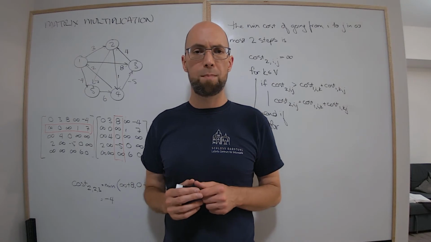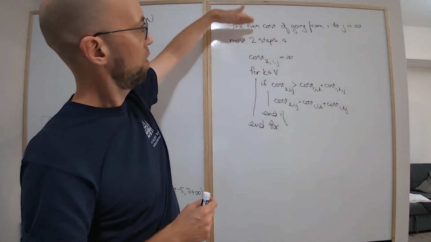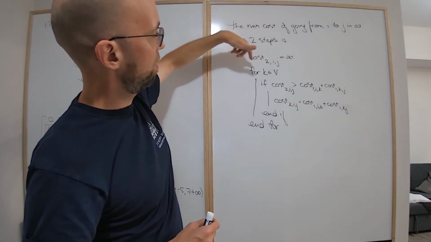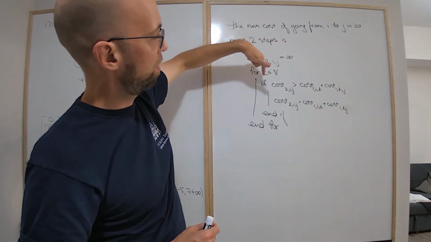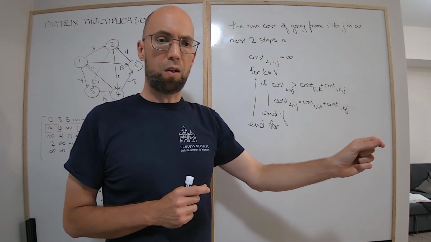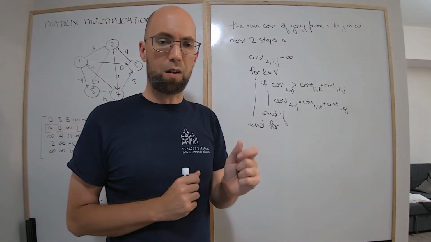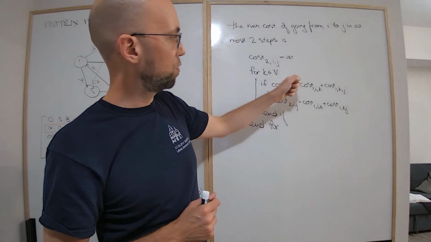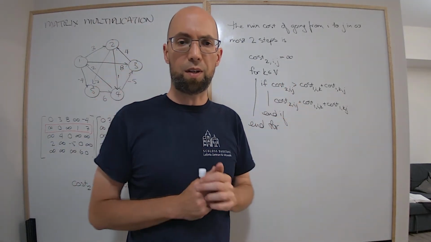So to work out the matrix multiplication, you would do something like this: for i, for j, the sum is equal to 0, and then k would go along the length of the row and down the height of the column, and you would just add the product of the two entries.